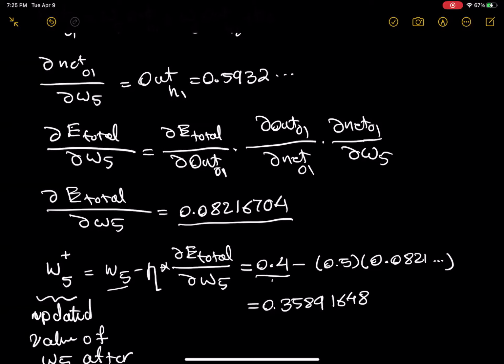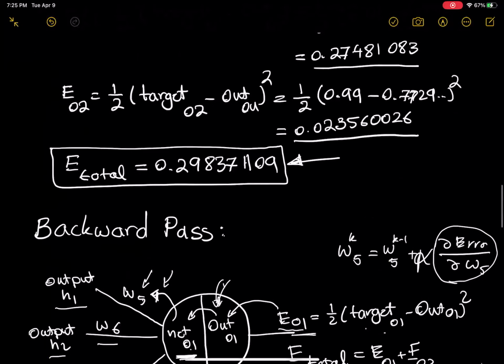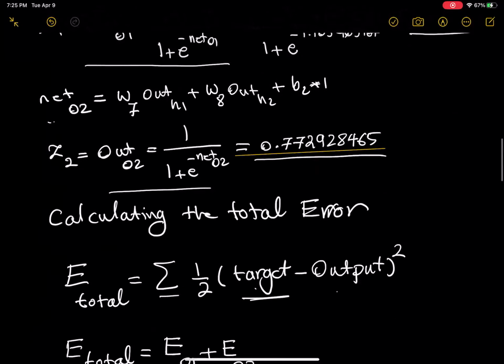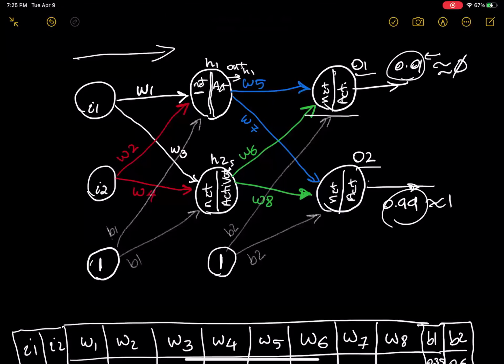That would cover W5, W6, W7, and W8. Right now we just calculated W5, and W7, 6, and 8 would be exactly the same. Then I'm going to show you how you can do W1, W2, W3, and 4.